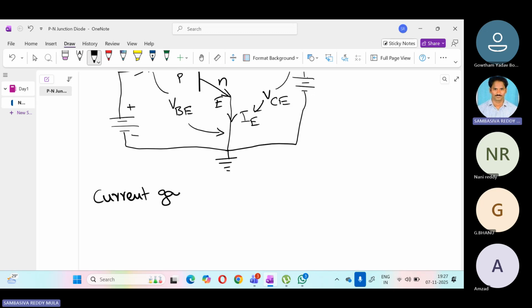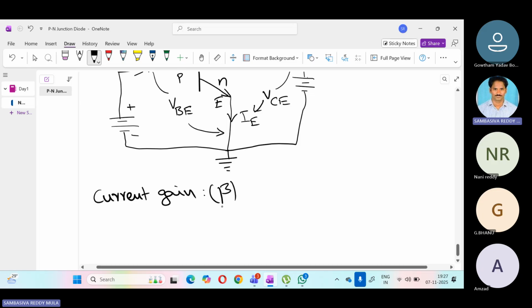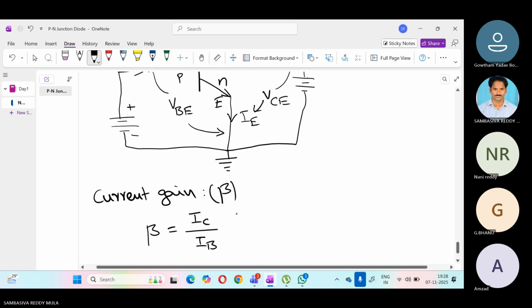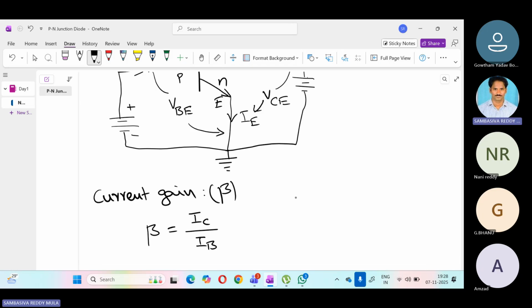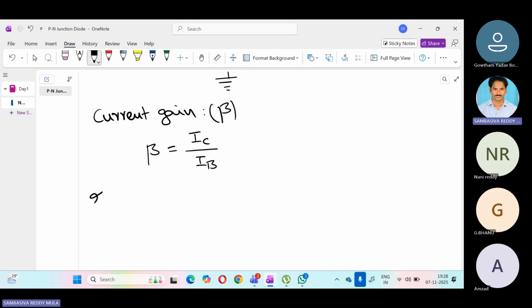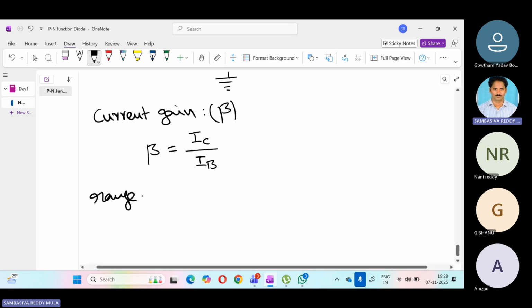Current gain in CE configuration is given by beta. Here beta is output current, the collector current, divided by input current, the base current, so beta is IC by IB. What is the range of beta? Beta generally ranges from 20 to 500.